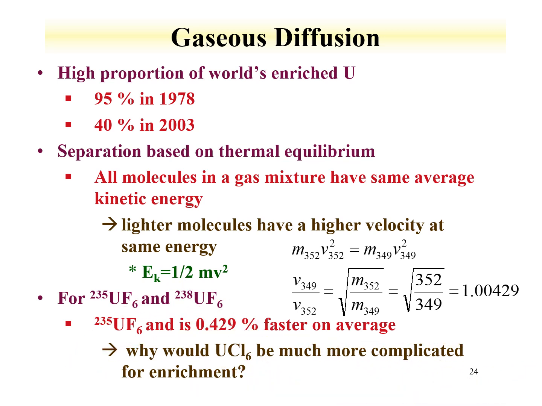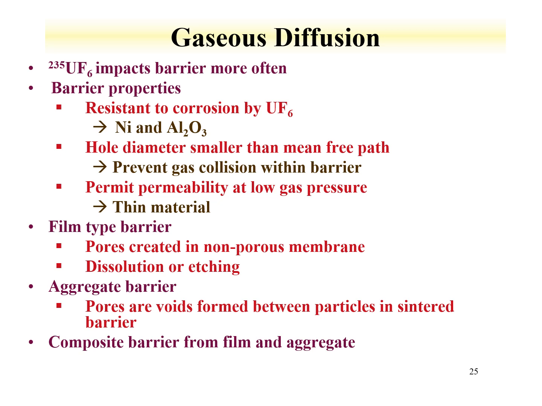But the question is, why would this be more complicated? And that has to do with the fact that the chlorine has 2 stable isotopes, so your masses would vary based upon not only the uranium but also the chlorine. So the uranium-235 hexachloride, being lighter, would impact the barrier more often and have a higher probability of diffusing through that barrier.